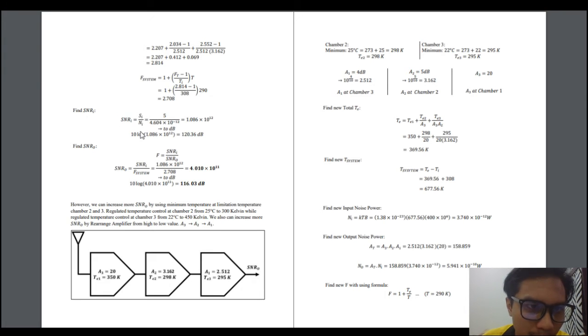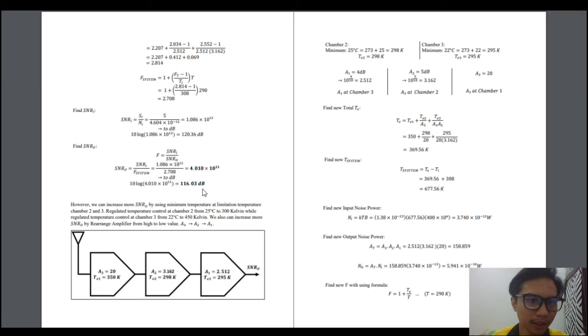The SNR input using this formula, SI is 5 and input noise is 4.604 multiplied by 10 to the power of negative 12, we get 1.086 times 10 to the power of 12. For the SNR output, SNR input divided by the F system, we get 4.01 multiplied by 10 to the power of 11. So in dB it is 116.03 dB.